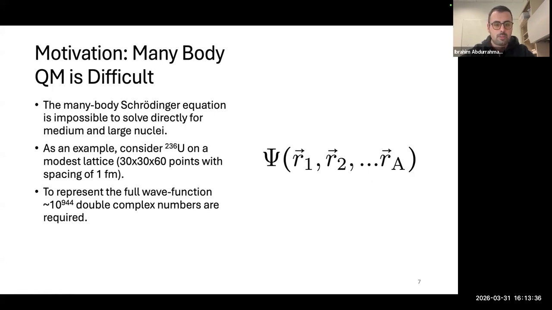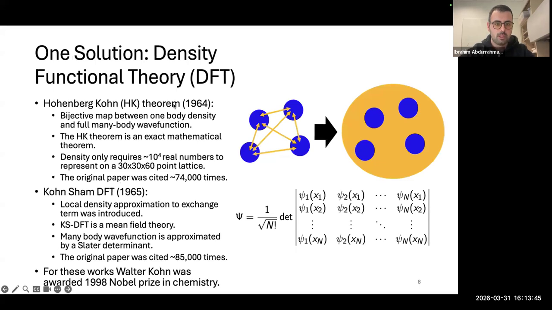So one possibility, and specifically for fission, this is really the only thing people do right now, and that is density functional theory. So for the people who haven't heard of density functional theory, the idea originates from the Hohenberg-Kohn theorem in 1964.